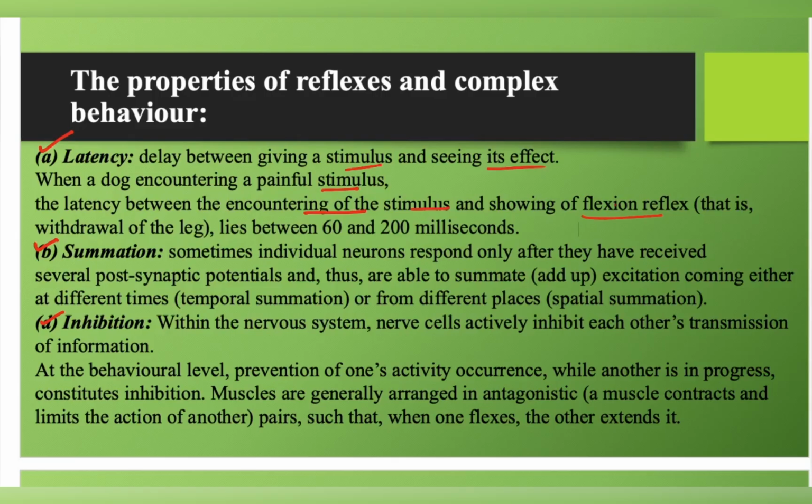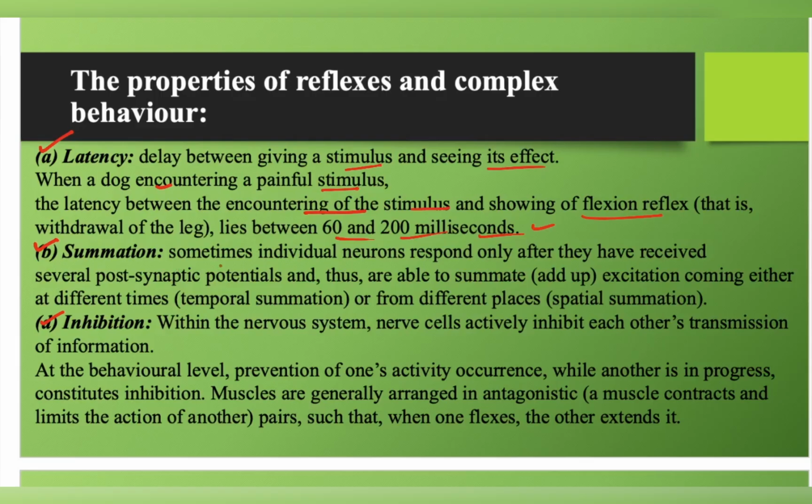Same goes for the dog encountering a painful stimulus: it will withdraw its leg from that, the flexion reflex. But there is a delay, which in this case, in the dog encountering a painful stimulus, lies between 60 to 200 milliseconds, a very short time. So this is latency. This is a property of a reflex. There is a delay between giving a stimulus and having the response.